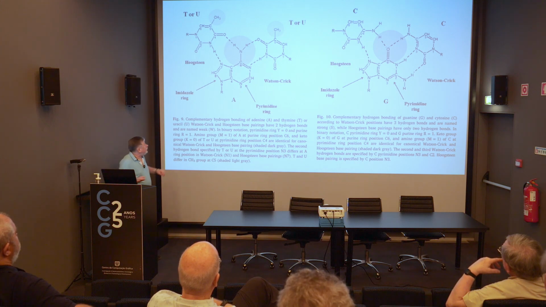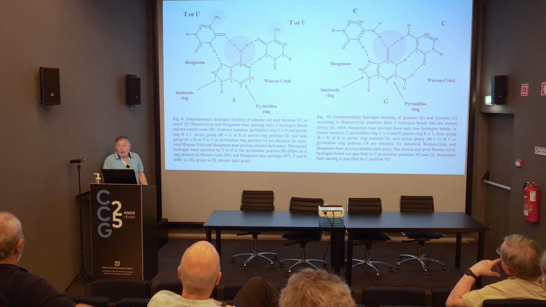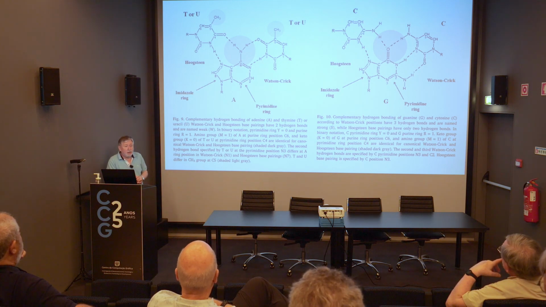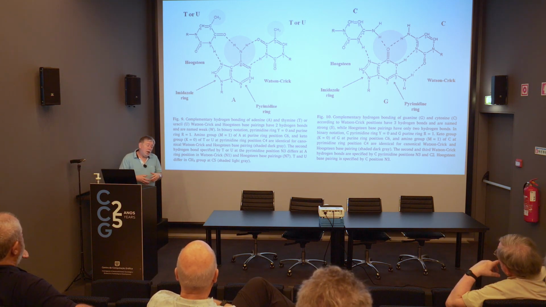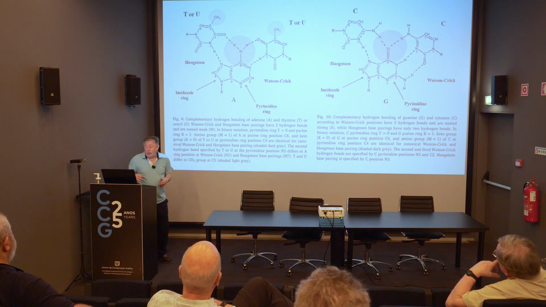And you see how they flip around amino or keto groups. So this is probably the reason why, as we can see later, one can calculate with such arrangement of bases and rings.